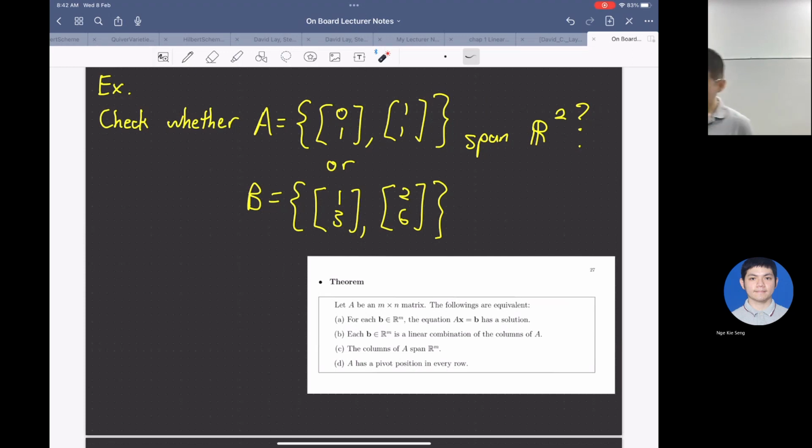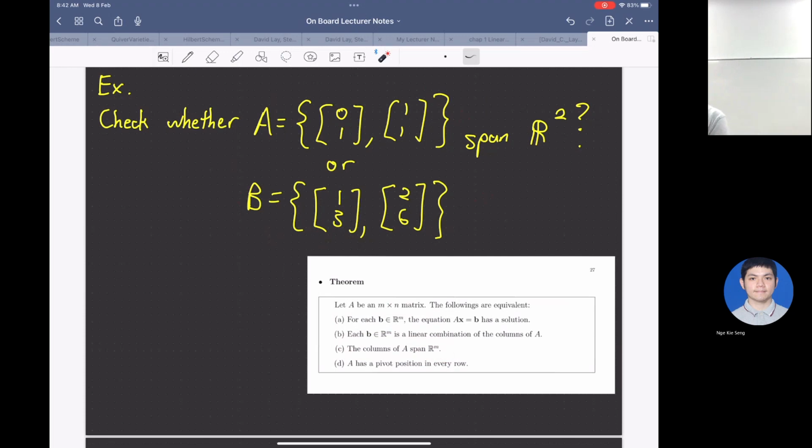Okay, good. So to use this theorem, very good. There's a good point here. This statement is very important: let A be a matrix. But I don't give you any matrix, right? So how do you build this matrix? You should understand it from this line here: the columns of A span Rm.